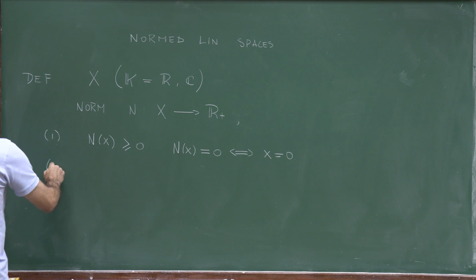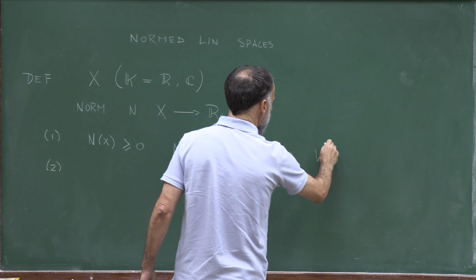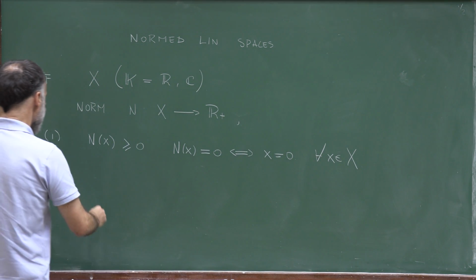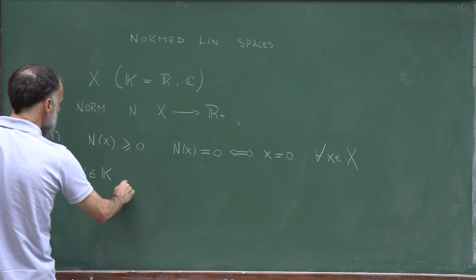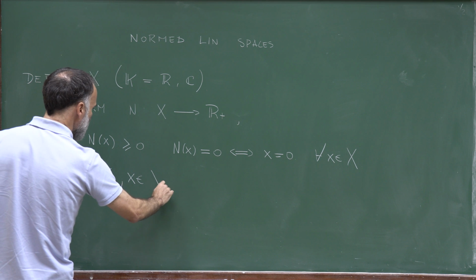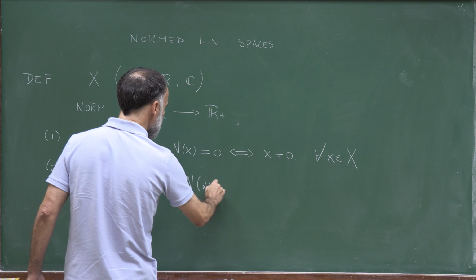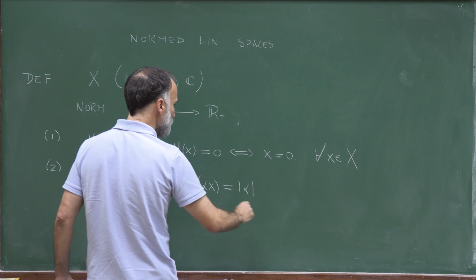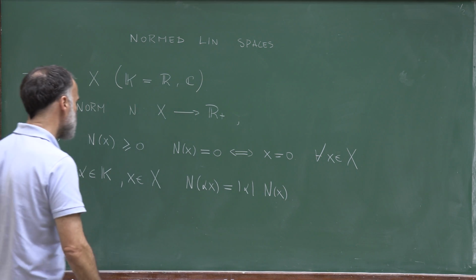And this of course holds for all x in X. The second property is that for all alpha in K and for all x in X, we want the norm of alpha times x to be equal to the absolute value of alpha times n of x.